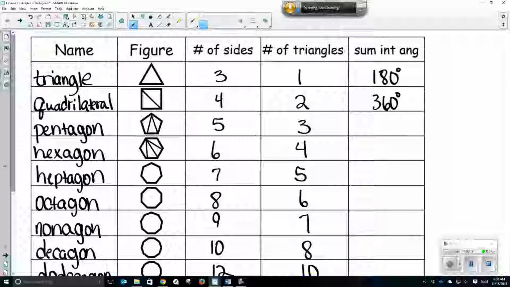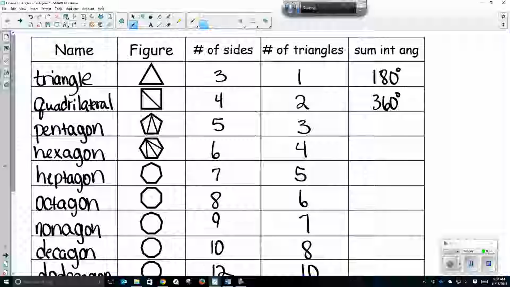Because if you create all those triangles and add up all the angles inside each triangle, the angles that are adjacent to each other add up to the bigger angle. That ends up being the sum of the interior angles. I don't know, that's kind of hard to explain, and maybe I can give you a figure in a minute to show you a little bit more.